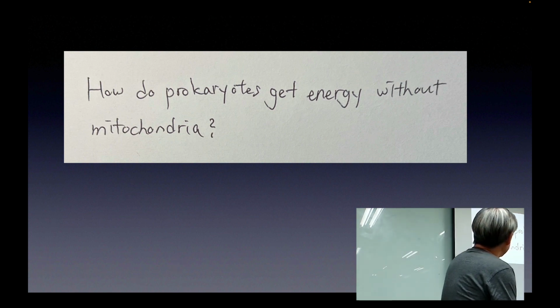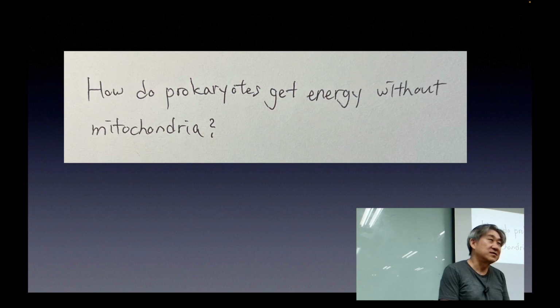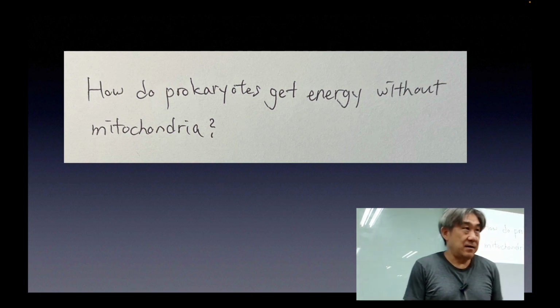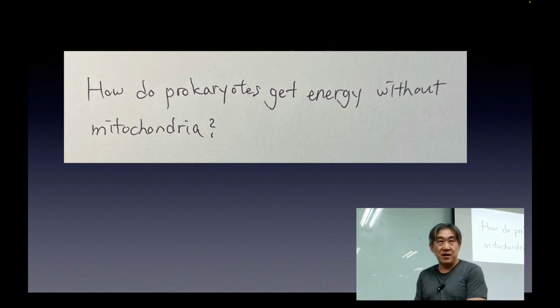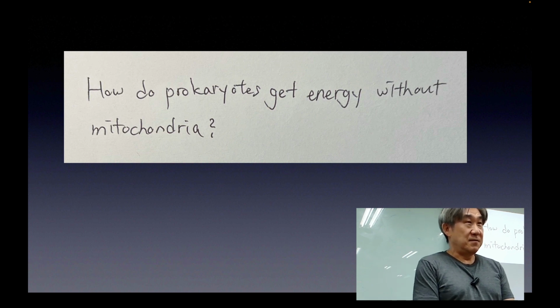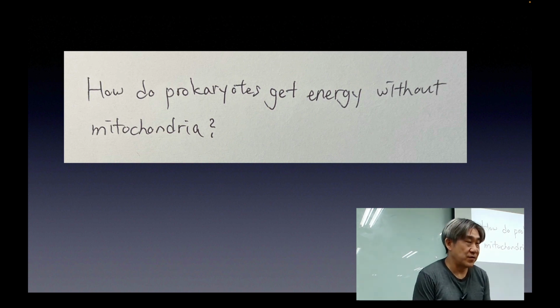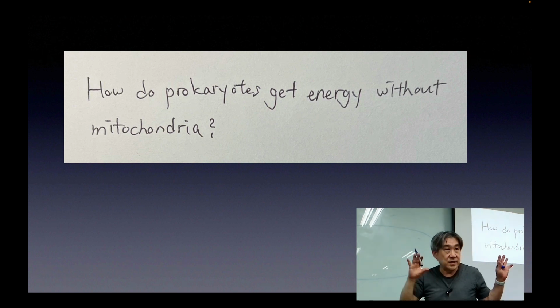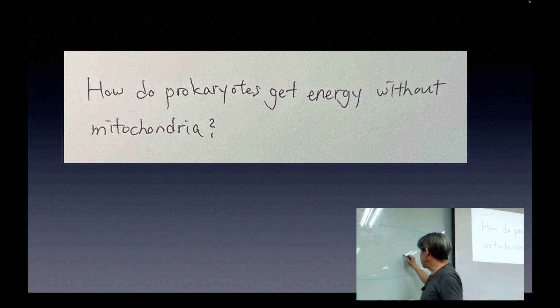How do prokaryotes get energy without mitochondria? It's a very good question, actually. I said mitochondria is the one responsible for producing ATP, but that's only part of the story. Maybe if I draw a cell, let's say this is a mitochondrion.